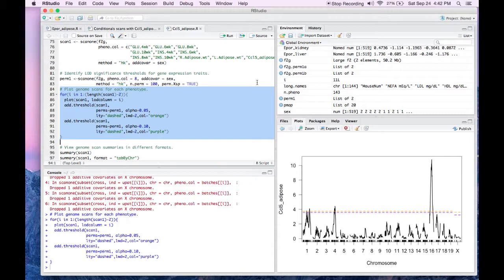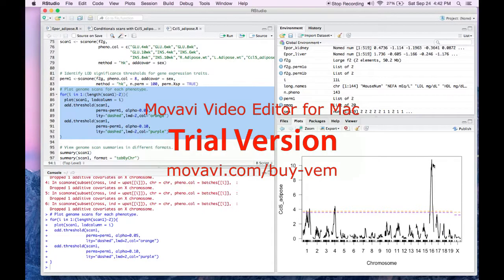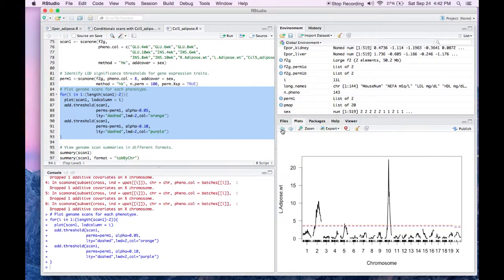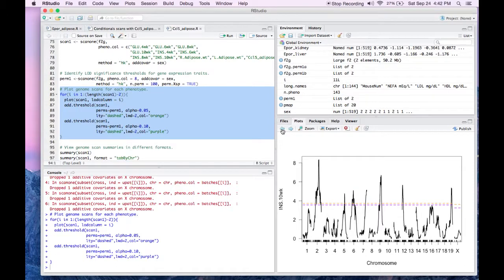So a high peak indicates a high probability. Like here on chromosome 16, that's a good sign. That means something's going on at chromosome 16. So that's the one we want to look at, and I want to see if that is replicated in any of the other LOD score plots with the phenotypes.